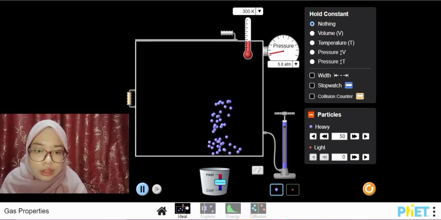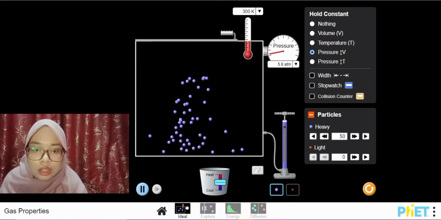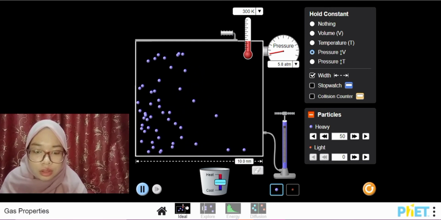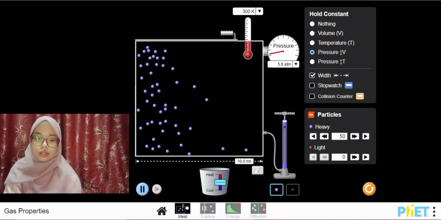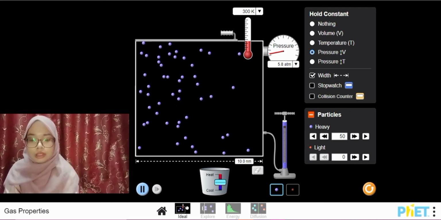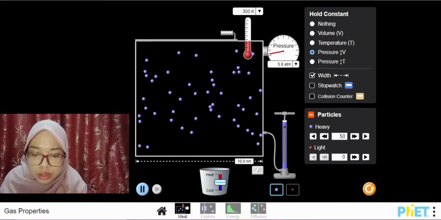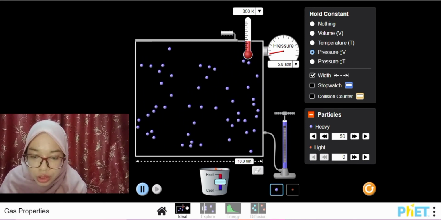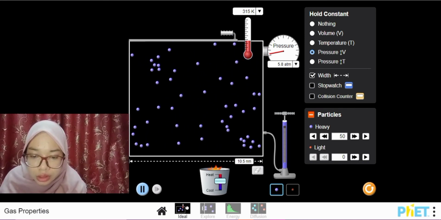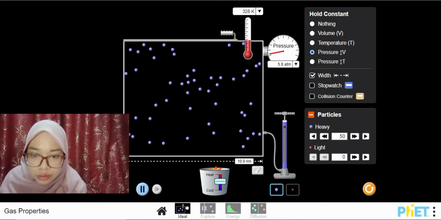For 300 Kelvin temperature, the weight of the container that we get is 10.0 nanometer. While for the 400 Kelvin temperature, we need to heat up the container until it reaches 400 Kelvin temperature first.